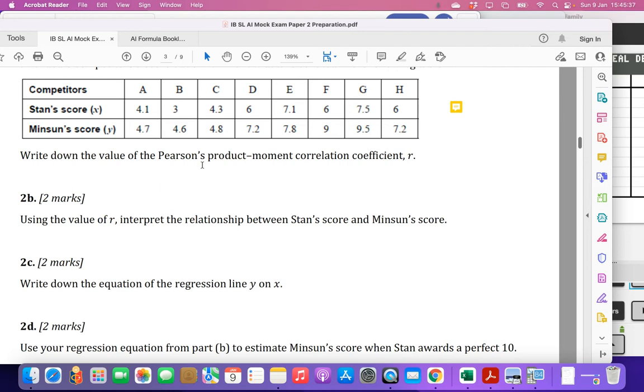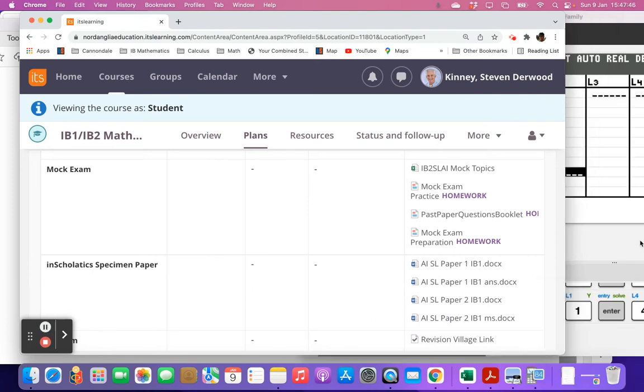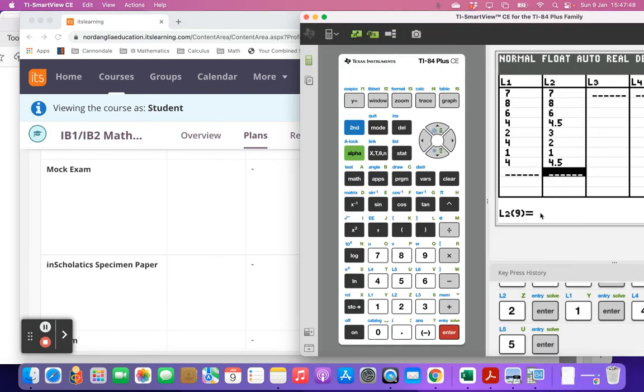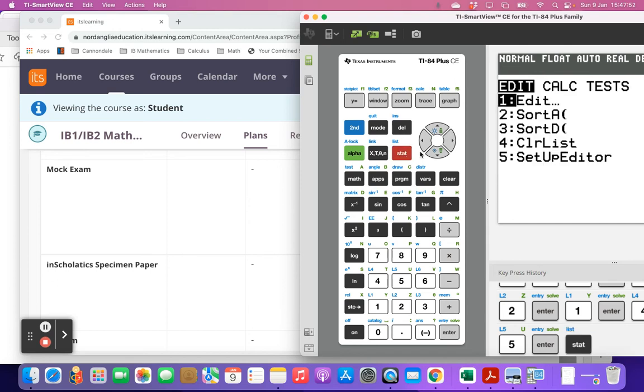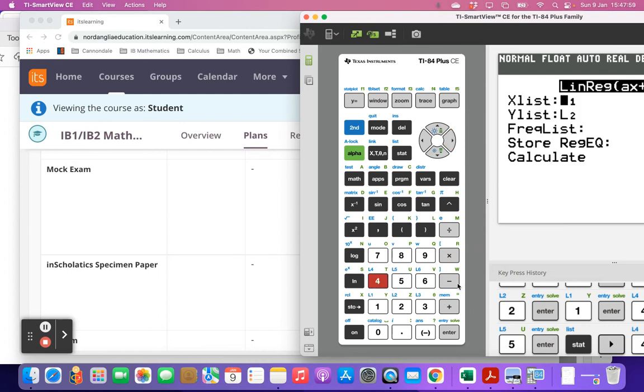So I put those ranks into the calculator. Here are the scores in the calculator in list 1 and list 2. Do a linear regression on this. Do I care about storing the equation?